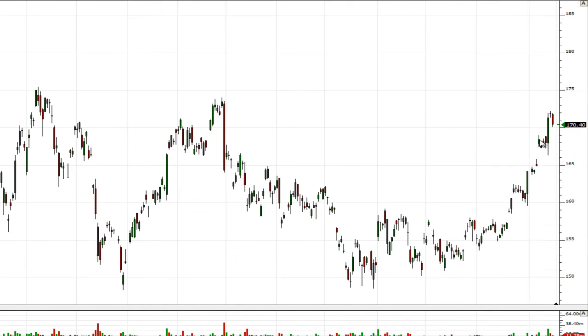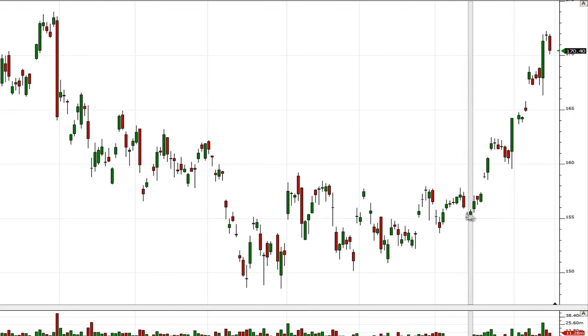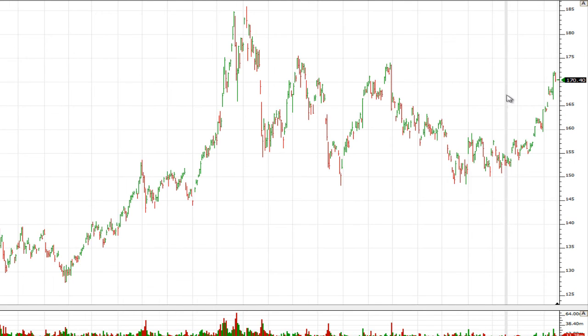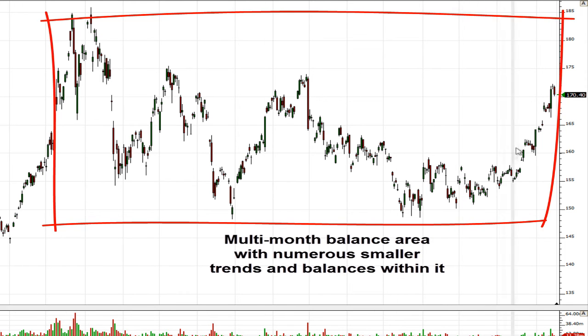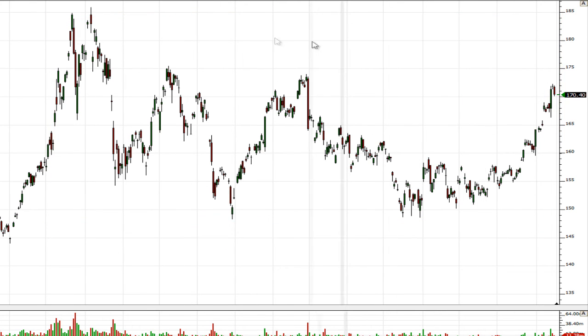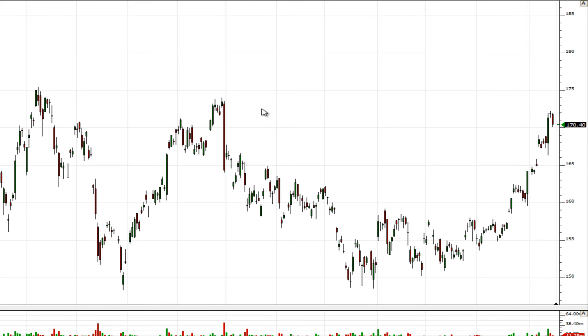And if you were to look closer at this, you would notice that this was the up move, this was the balance, this was the next up move, this was the balance, next up move, the balance. Yet, when you look at it from this big context, from a daily time frame of a couple of years, you'll notice that this whole move itself was within this big balance area, right?